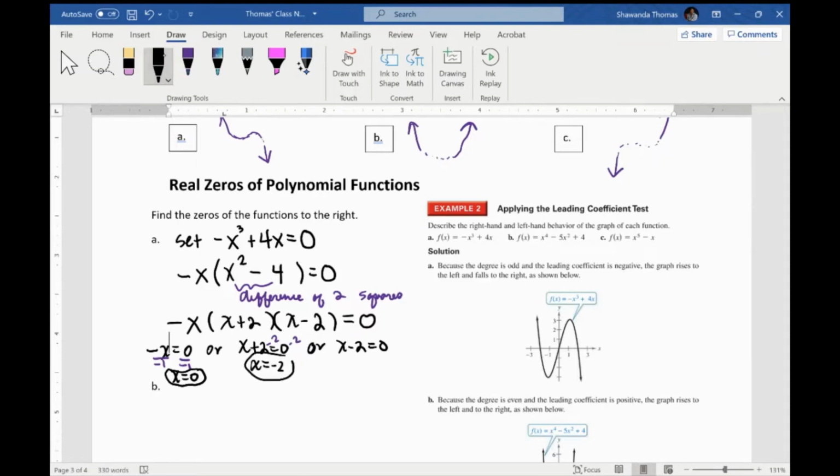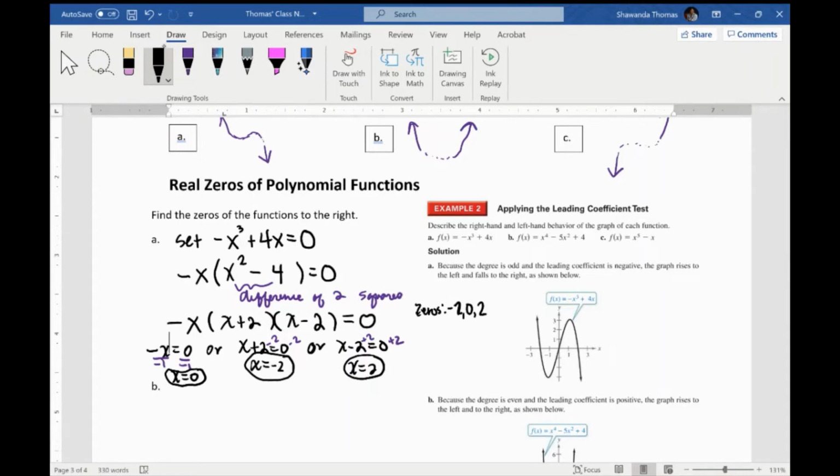Yep. -2 is a zero. And then when we add 2 for the last one, we get x equals 2. All right. So if I ask you what are the zeros, you would say the zeros are -2, 0, and 2.